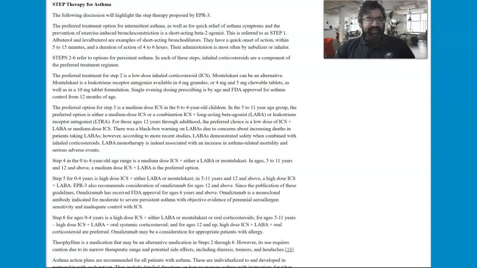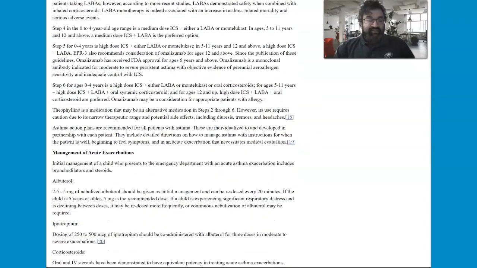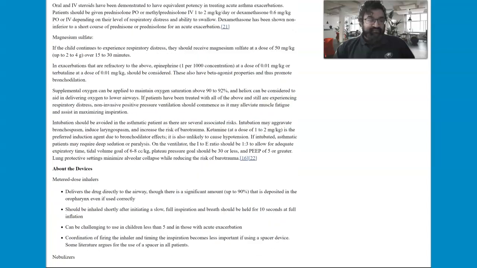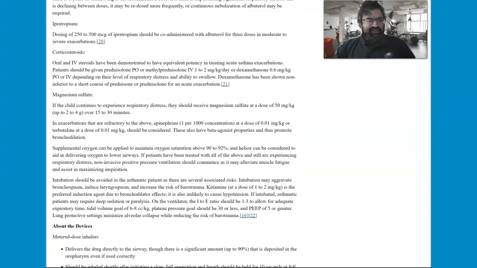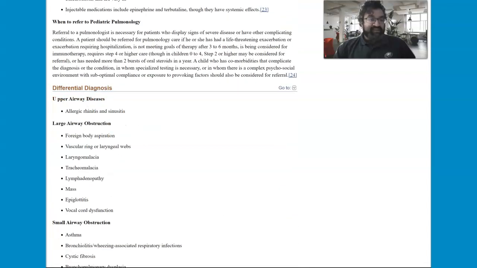Long-acting beta agonists, leukotriene receptor antagonists, and a combination with corticosteroids do the trick. For acute exacerbations, there's supplemental oxygen, magnesium sulfate, and corticosteroids, but you want to prevent exacerbations.